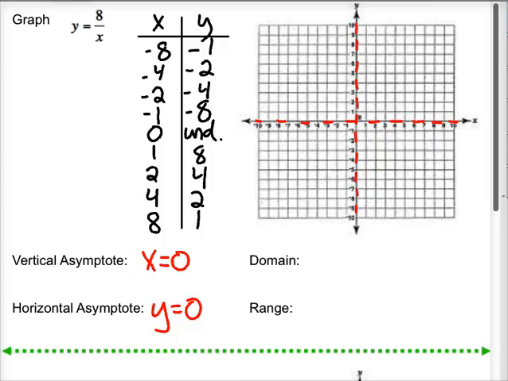And now I'm going to plot my points. So -8, -1, oh, I'm sorry, that is not right. -8, -1 belongs down here. -4, -2, -2, -4, and -1, -8.